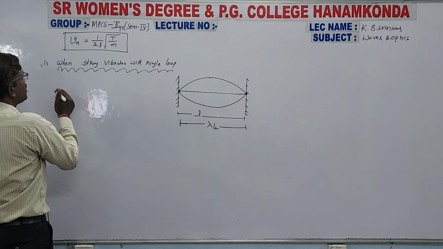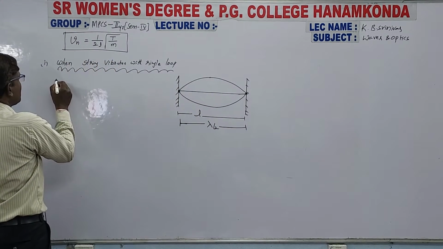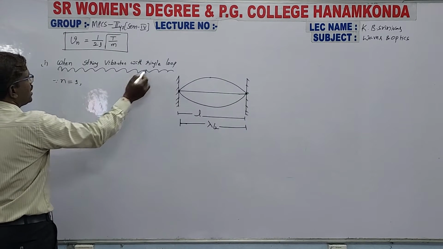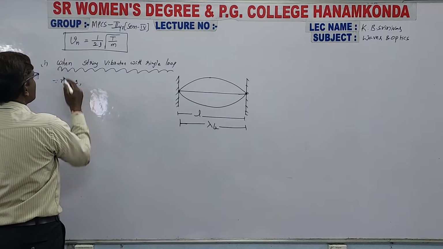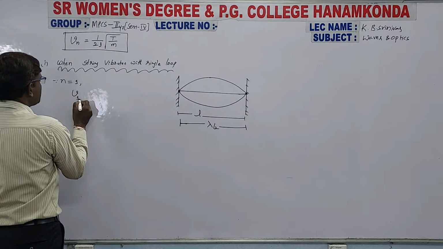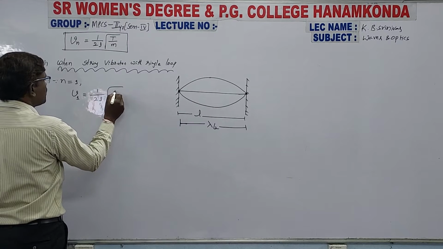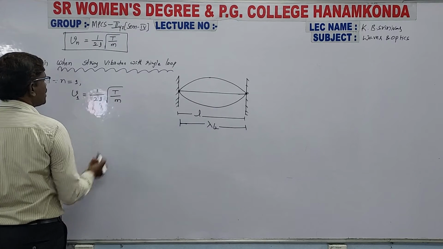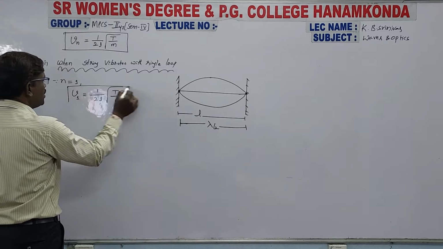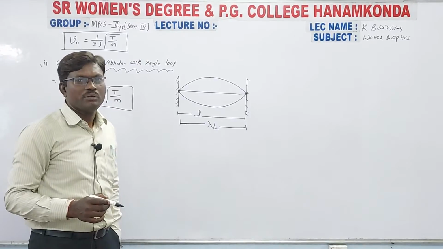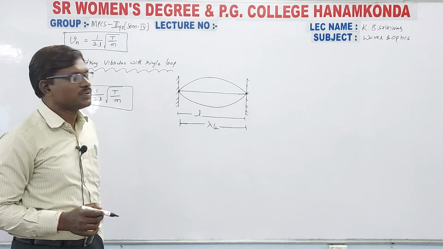So, n is equal to 1. Since it is a single loop, n equal to 1, nu becomes nu 1, which is equal to 1 by 2L under root of T by m. This is the expression for frequency of the string vibrating with a single loop.